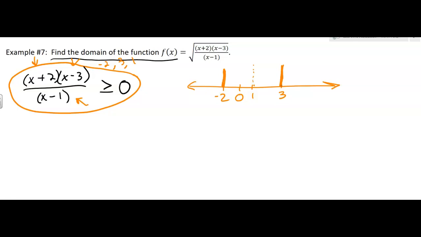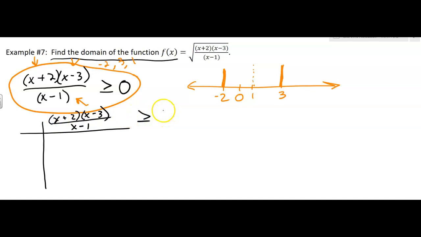And then what I do is I use test points. So I take my expression, (x plus 2)(x minus 3) over (x minus 1), and I'm asking, when is that going to be greater than or equal to 0? I pick a point in each of the sections.